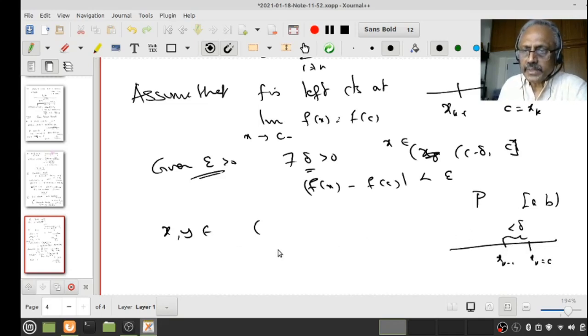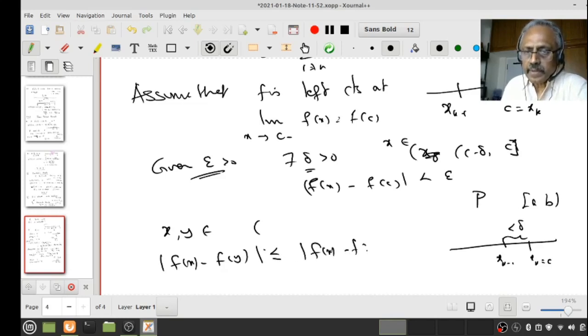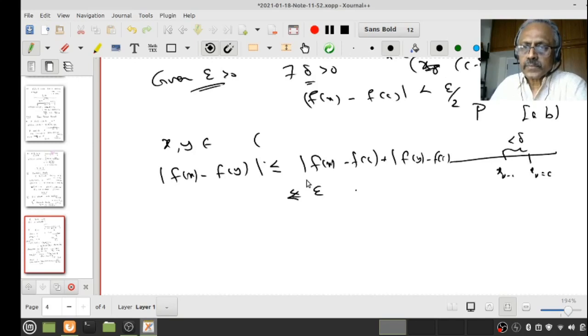Therefore, for all x, y here, what will happen? Mod f(x) minus f(y), that will be less than or equal to mod f(x) minus f(c) plus mod f(y) minus f(c), that will be less than, if you want, make it epsilon by 2, it will be less than epsilon. Okay, you follow that? Okay, so what does this say?